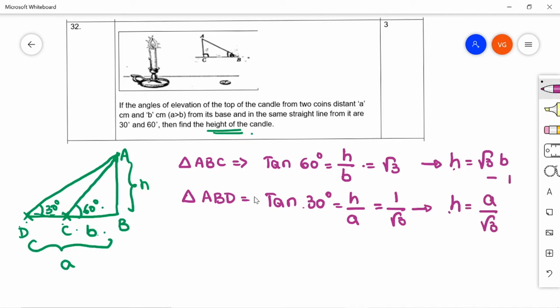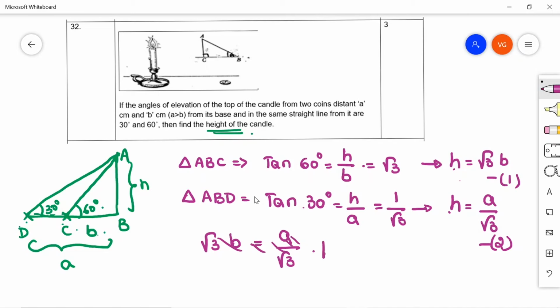So both are h only. Let us call these equation 1 and equation 2. Both are h only, so you can equate them: root 3 b is equal to a by root 3. Or else you can multiply equation 1 and equation 2 to get the value of h.